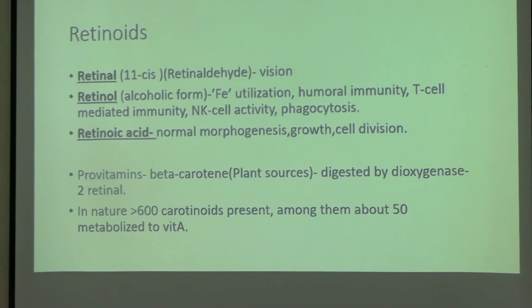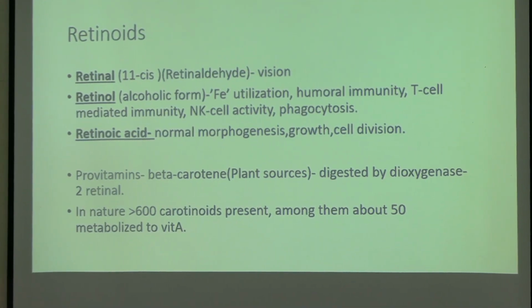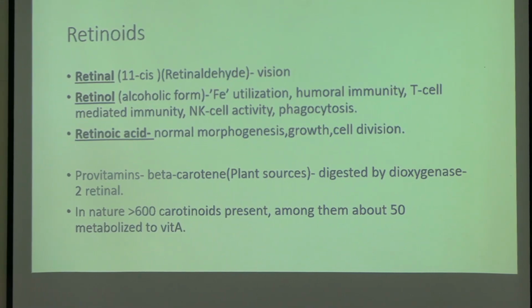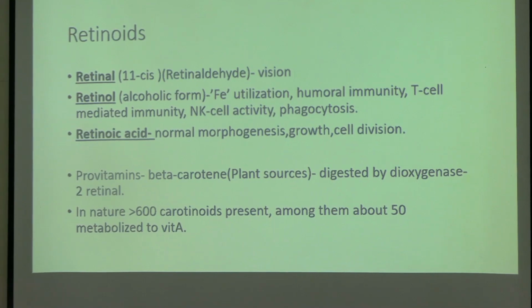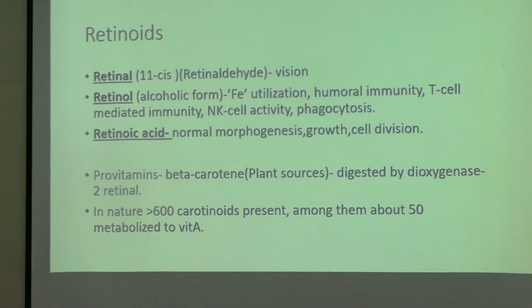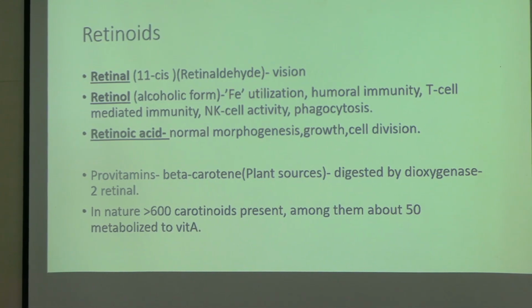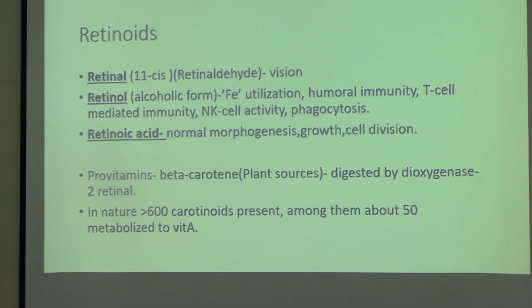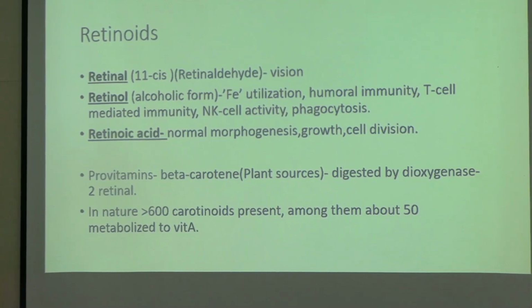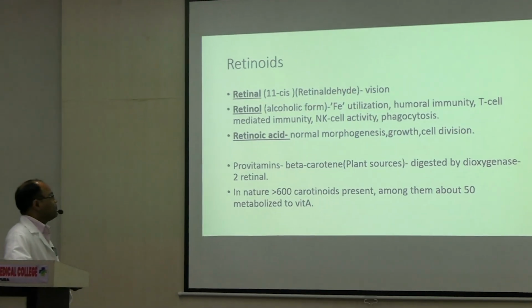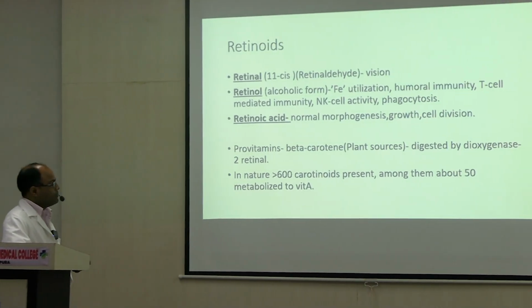See, retinoids. Retinoids are the common term for vitamin A. There are three types of retinoids, and all three are important in our body. They have different roles. First one is retinal, the aldehyde form of vitamin A, also called retinaldehyde. They take part in vision.